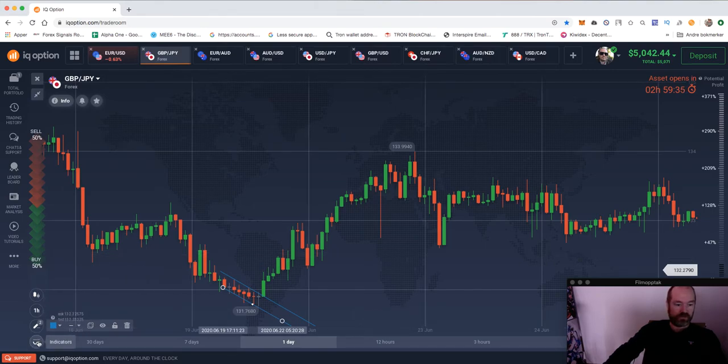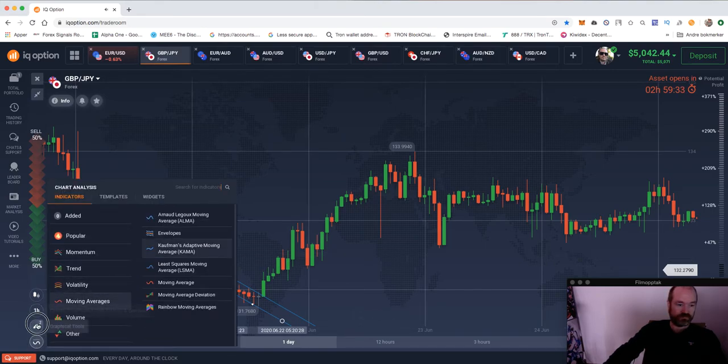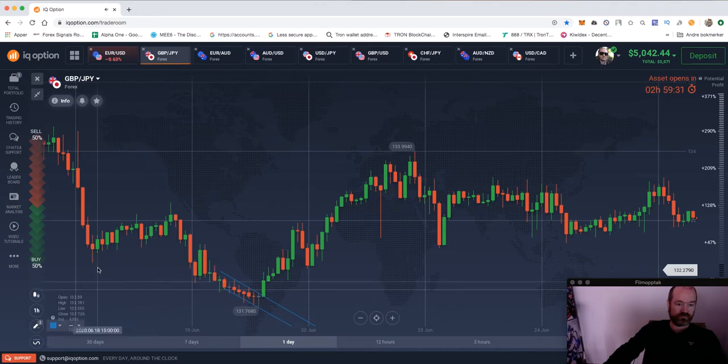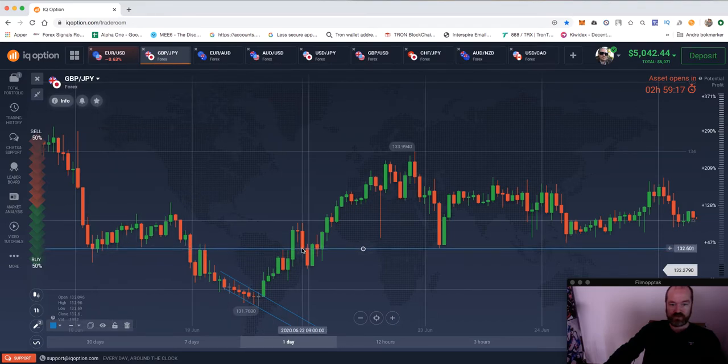We can mark it up. More or less there, because you can see here we have a closed bar, touched, almost touched, there. So that's a good one to go for. So my take profit I will take here.